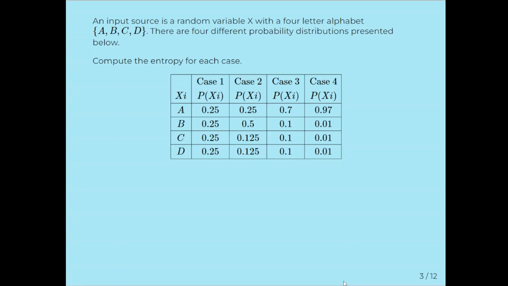In this case, A is going to dominate, more so than in case 2, where B dominated, but we still would see some of the other characters from time to time. And finally, case 4, where we have A appearing 97% of the time: 0.97, 0.01, 0.01, 0.01. In that case, we have A coming in almost constantly with a few exceptions.